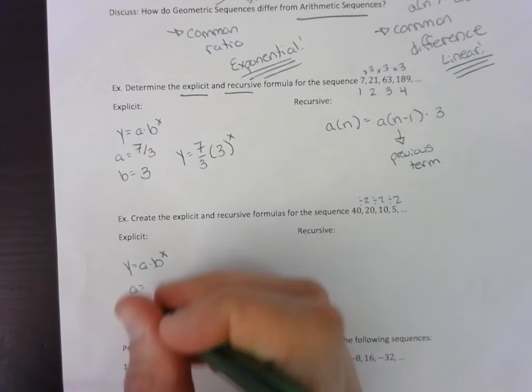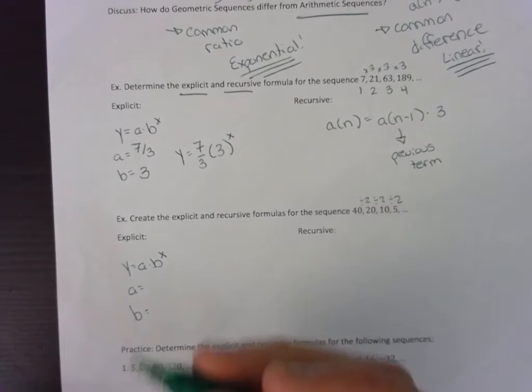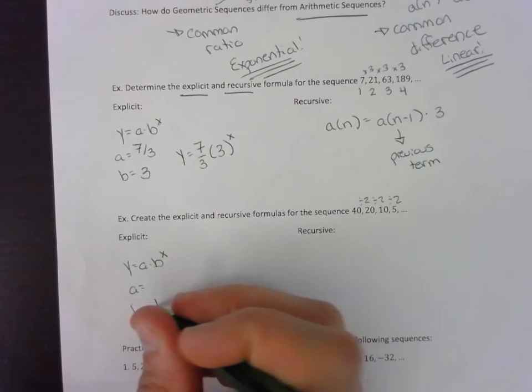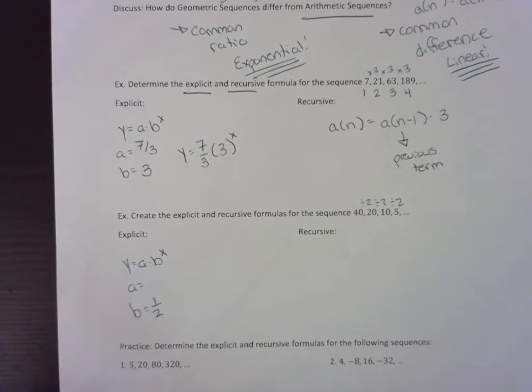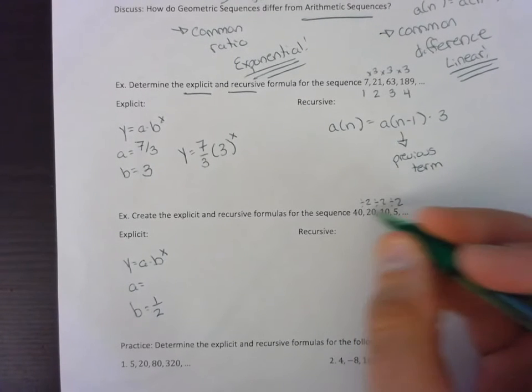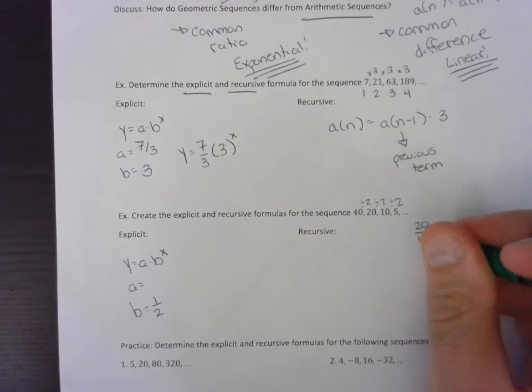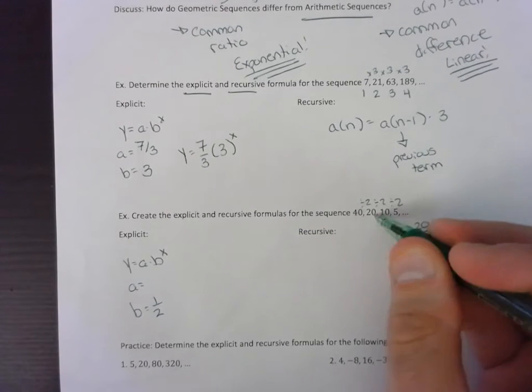So my growth rate, well actually in this case it's a decay rate because we're decreasing, my decay rate is 1/2. An easy way to figure out what the common ratio is, guys, is to take 20 divided by 40. Take two terms next to each other and divide them. That's 1/2.